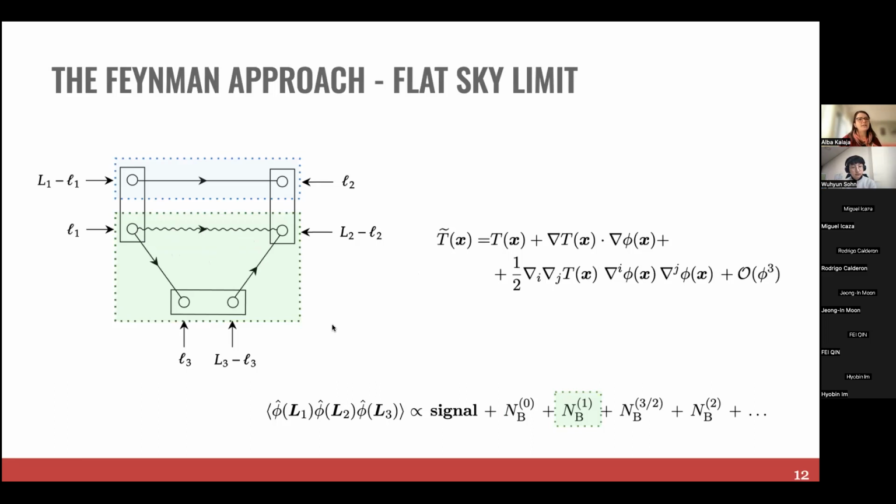And again, you can see the connected parts. So now you have this rectangle that corresponds to a connected 4-point function, because you cannot really go through this without cutting a propagator. And then you have in the upper part a 2-point correlation function. This type of diagram, but it's not the only one, corresponds to N1.